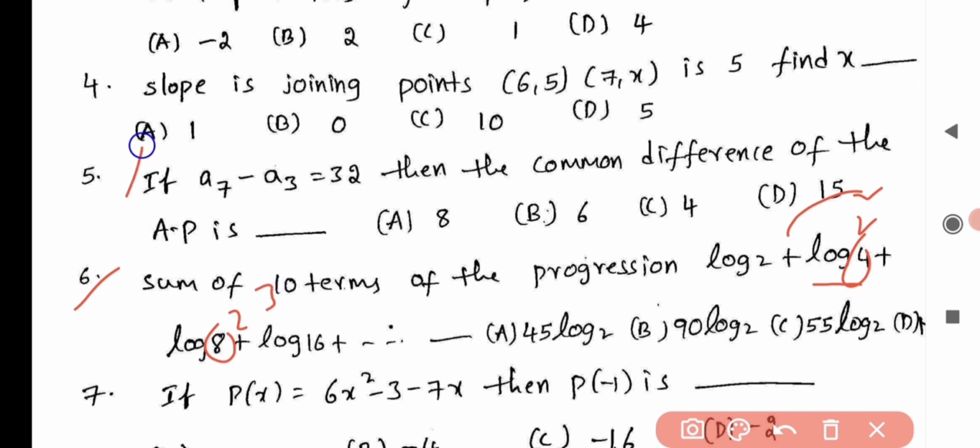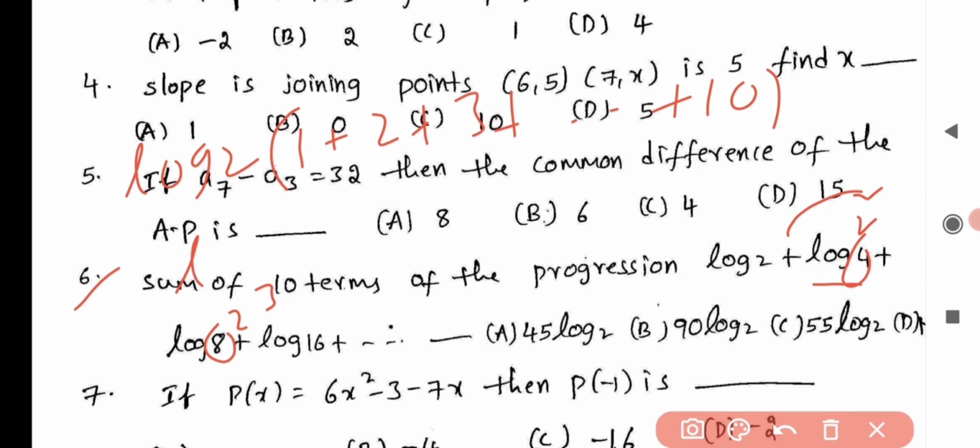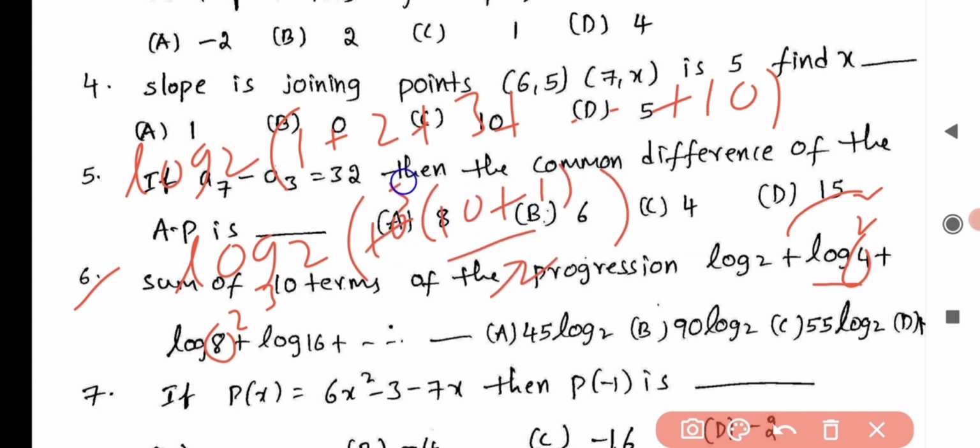Log 2 is common, remaining 1 plus 2 plus 3 and so on, total 10 terms. Sum of n natural numbers is n into n plus 1 by 2. Here n is 10, so 10 into 11 by 2, which is 5 into 11, 55. So 55 log 2 is your answer.